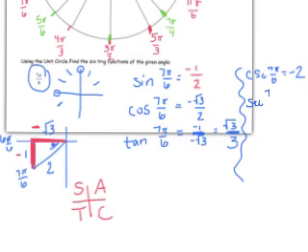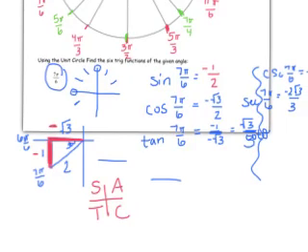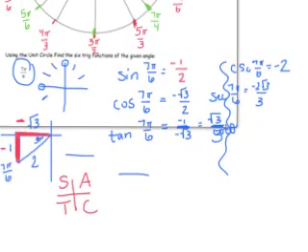Secant 7 pi over 6 is -2 over root 3, rationalized is -2 root 3 over 3, and cotangent 7 pi over 6 is, I'll take this original answer and flip it, so positive root 3. Alright, let's go on to another problem.